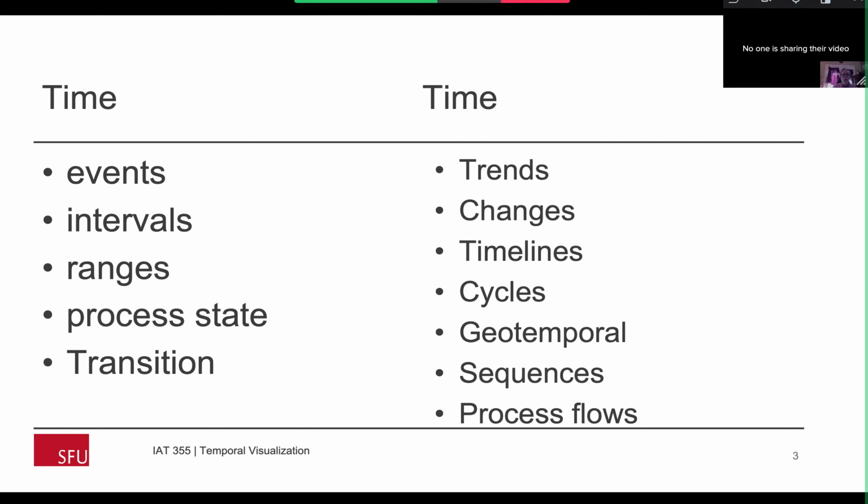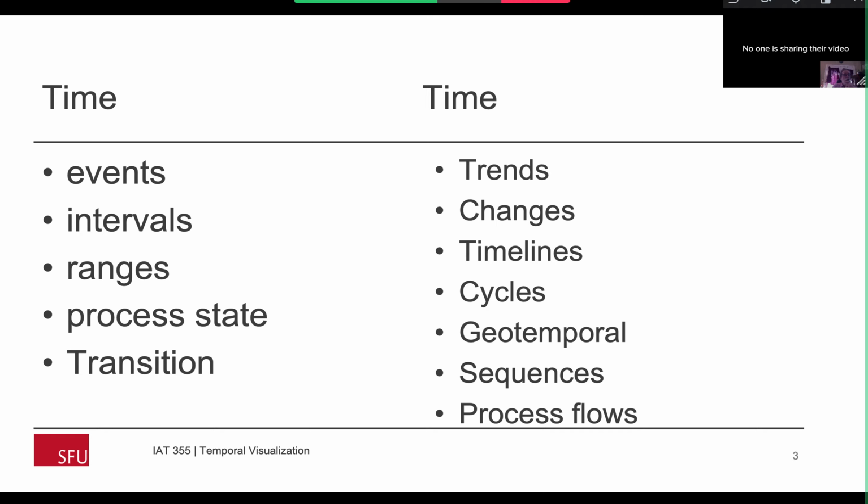So what do we mean by time? In the little table we're seeing here, on the left in slide 3, events, intervals, ranges, process, state, and transition. One of the things that you want to see in time is things that have happened during the course of the week or the month or whatever it is.